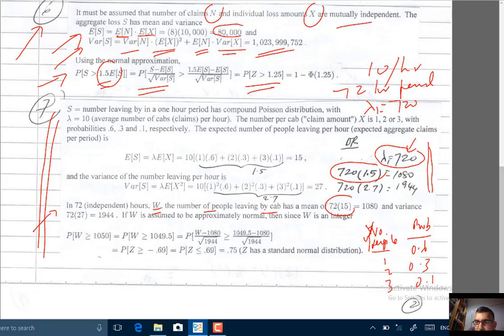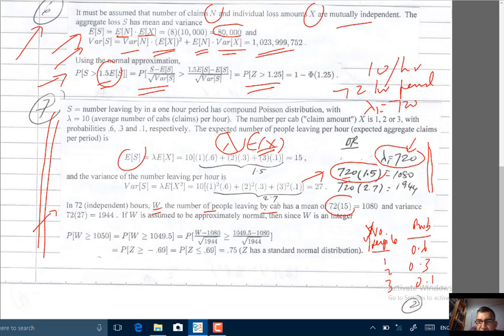And then I'm taking my lambda and multiplying by the expected value of X. Remember, this is lambda times the expected value of X. But now we're dealing with 72-hour periods, so this becomes 720 times this value here. You can work it out yourself. They gave me all the information here: 1 times 0.6 plus 2 times 0.3 plus 3 times 0.1.